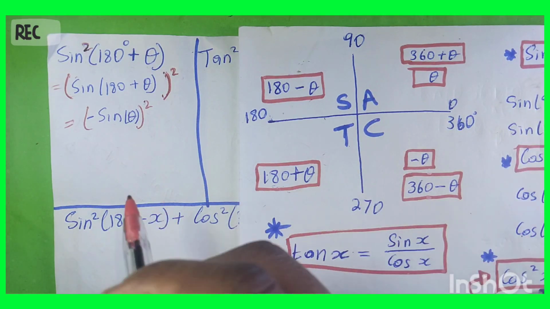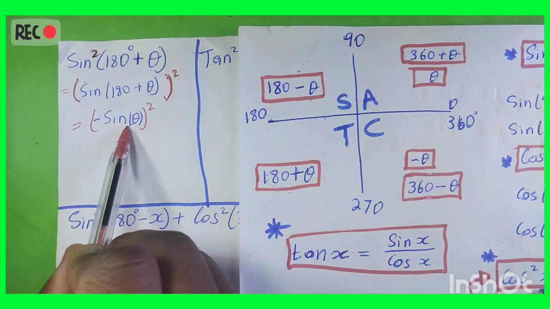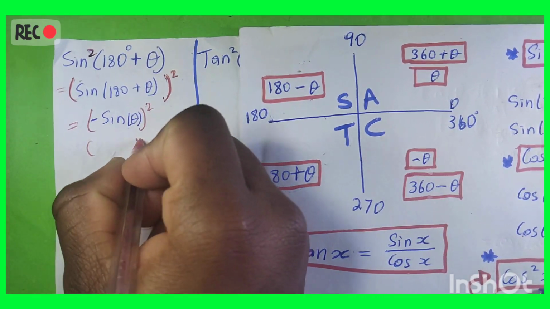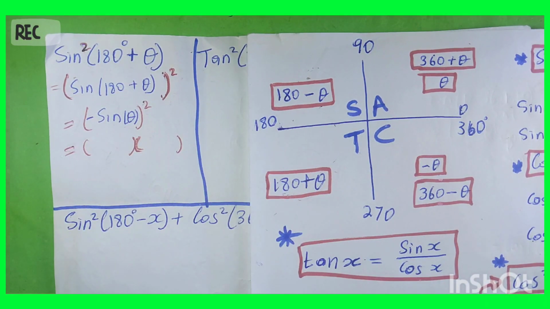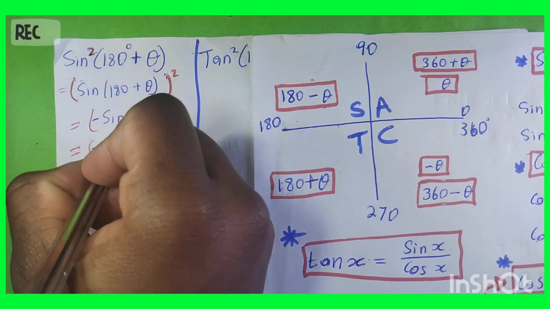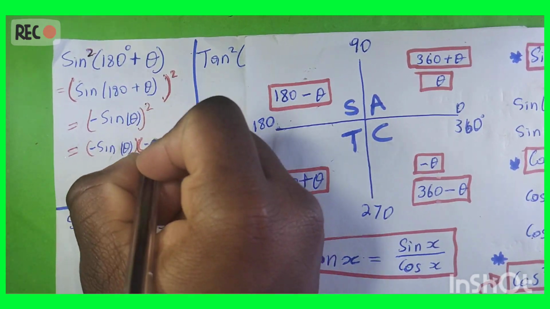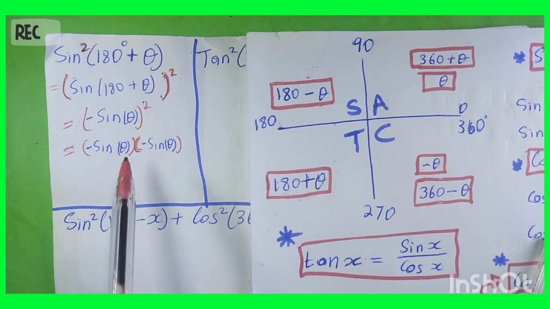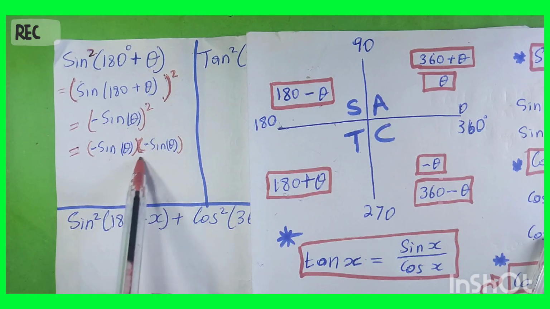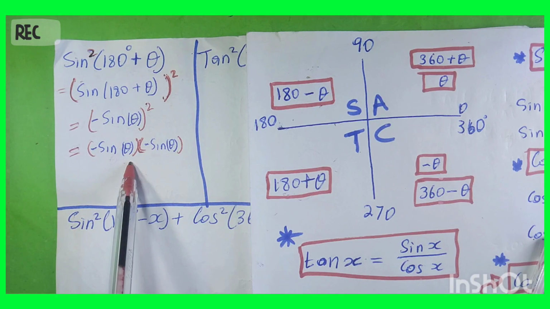And now what I can do, guys, that exponent represents this thing being taken twice. It represents that thing twice, meaning negative sine theta, negative sine theta. So the moment, guys, you see 2 brackets like this, those 2 brackets represent what? They represent multiply.